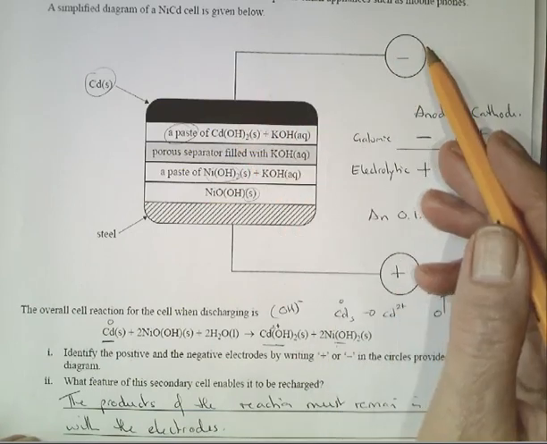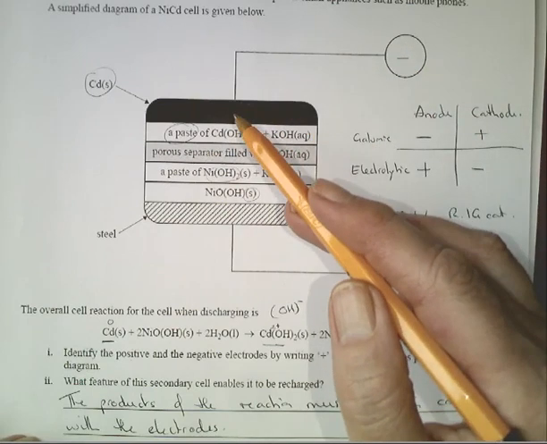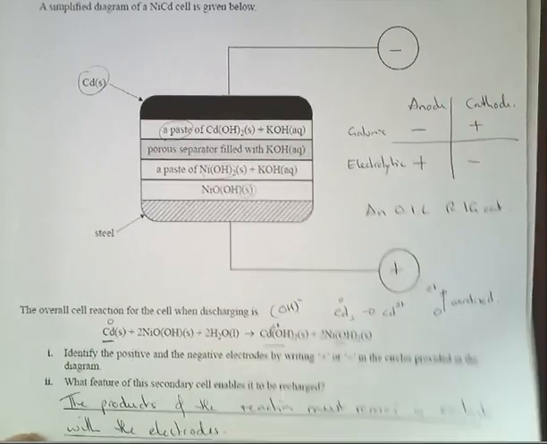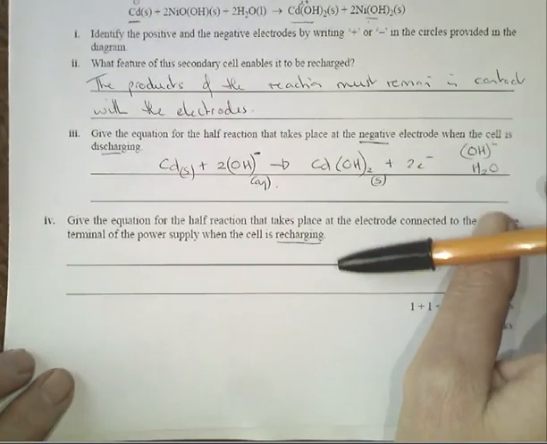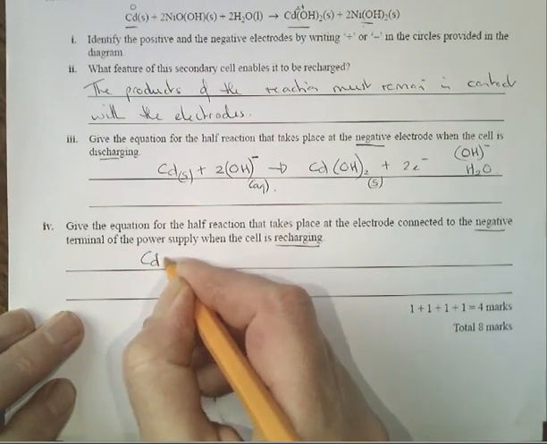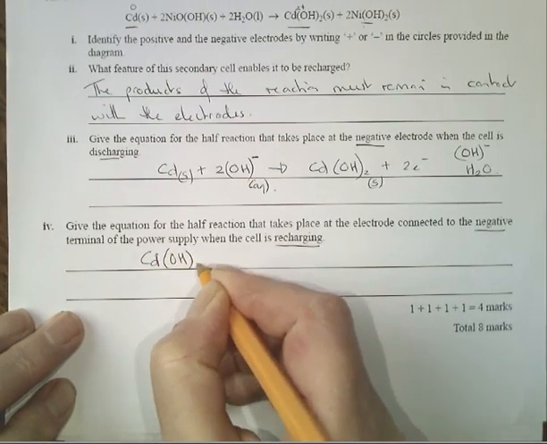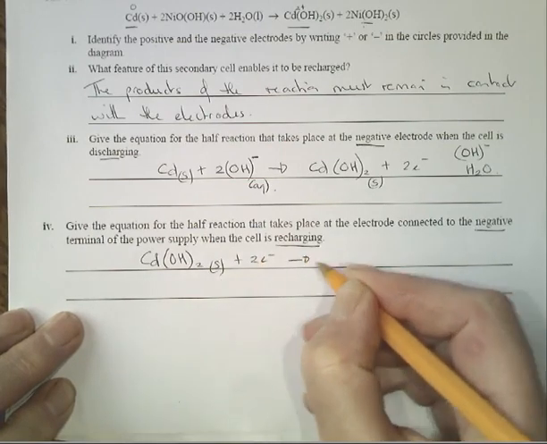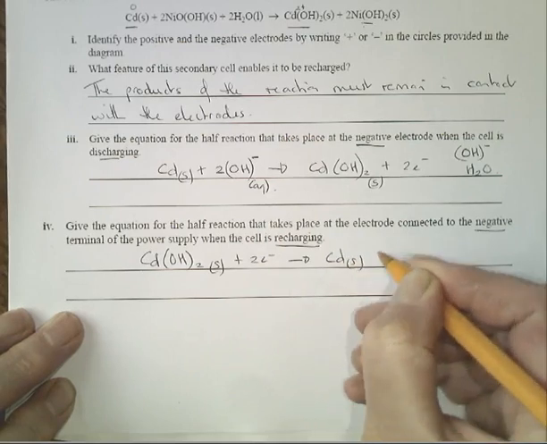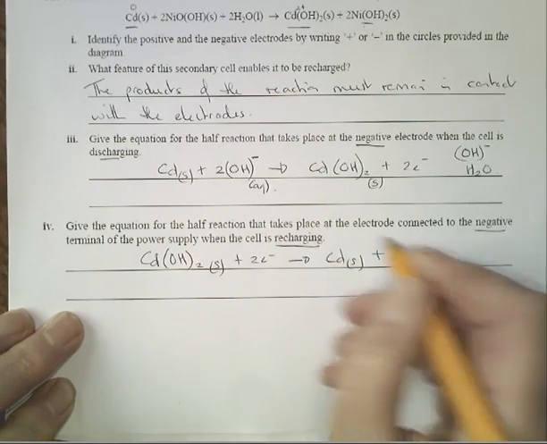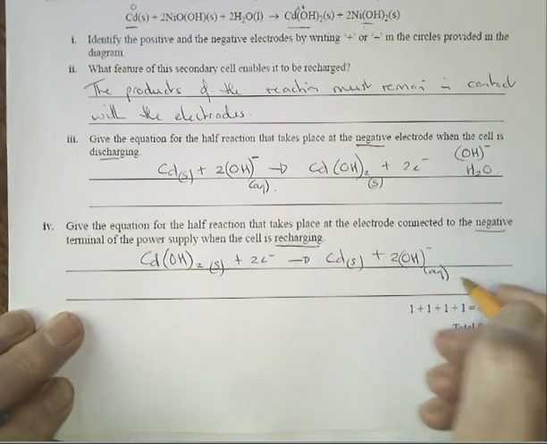Okay, so it's the same electrode. So it's just exactly the same reaction in reverse. So it's cadmium hydroxide solid plus its 2 electrons back again to make cadmium metal and the 2 hydroxide ions. Easy.